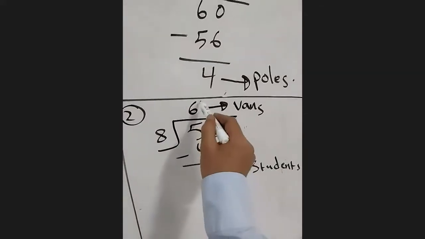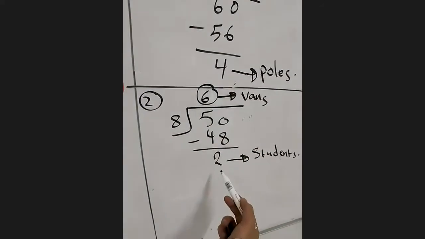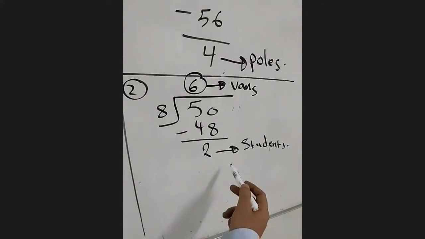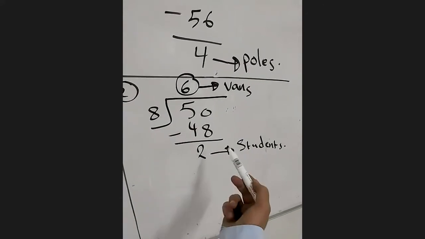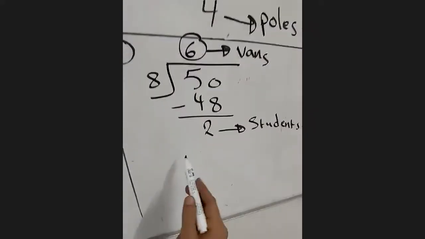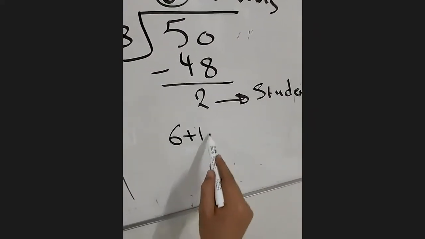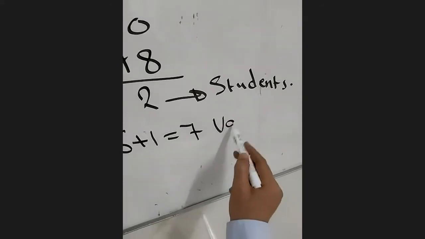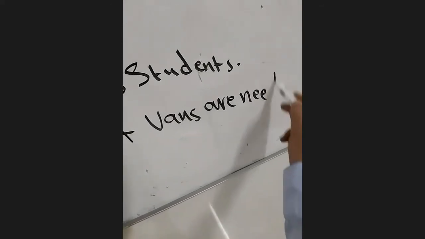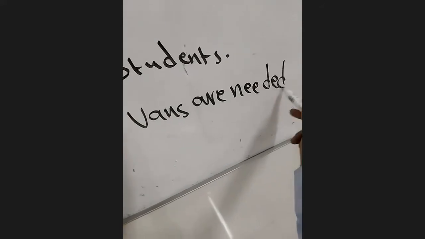So here, guys, we have 6 vans and still 2 students without a van, so we bring 1 more van for these 2 students. With the 6 vans, 6 plus 1 equals 7 vans are needed for this trip.